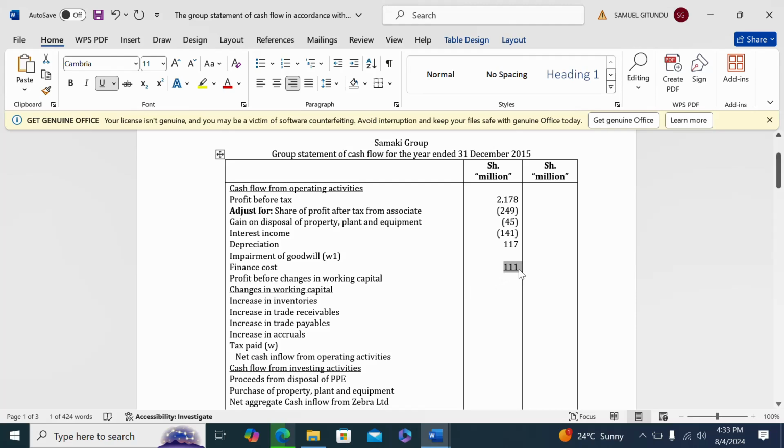After getting profit before changes in working capital, we can now go to the changes in working capital. Like we can have here the increase in inventories. So we check how much the inventories were.